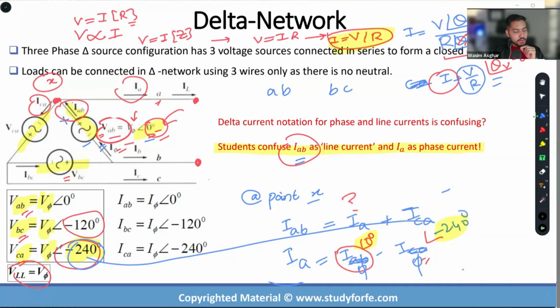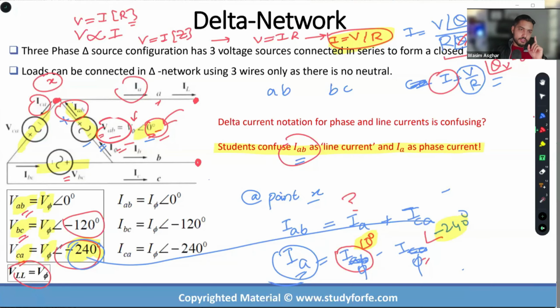Now you can see that things are starting to make sense. Why? Because now I'm just going to do complex mathematical calculations, not difficult complex in that sense. It's just rectangular and polar. And that will basically unlock the relationship between line, and notice this, IA. If I blindfold you and I'm just going to ask you rapid fire questions. IA is line current or IA is phase current?